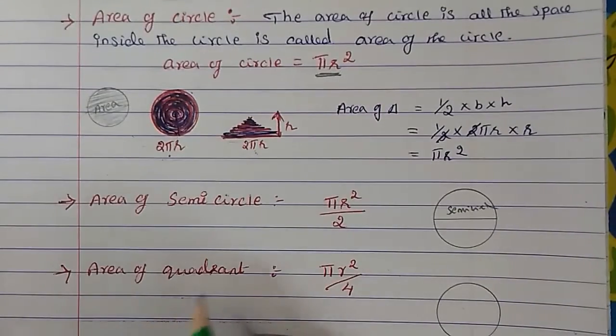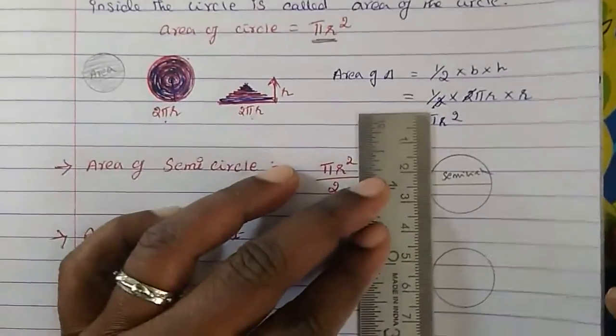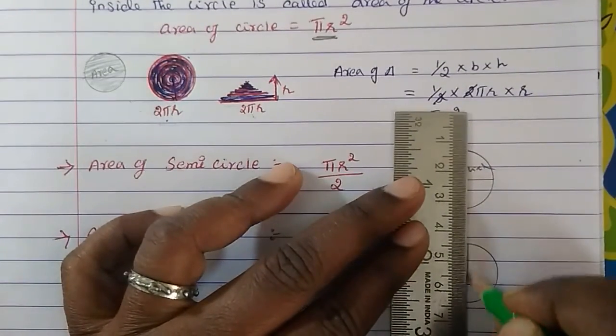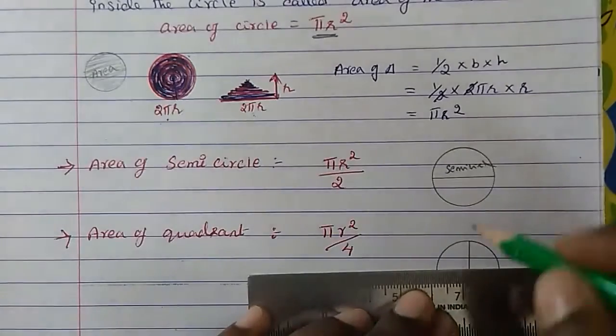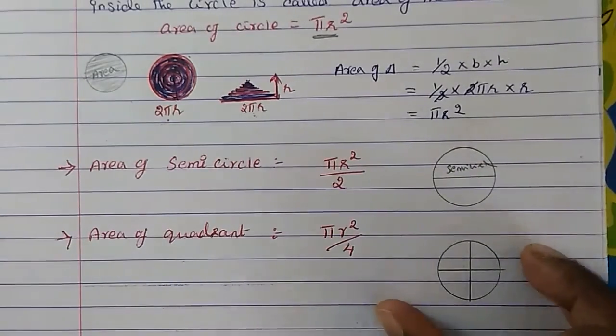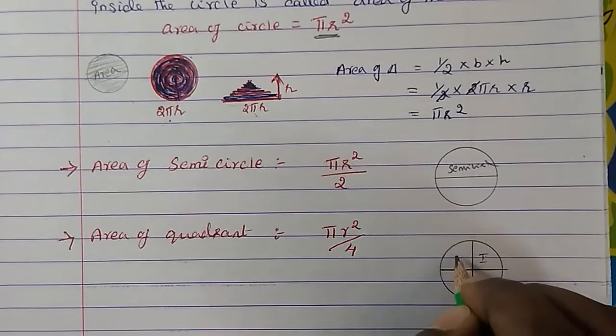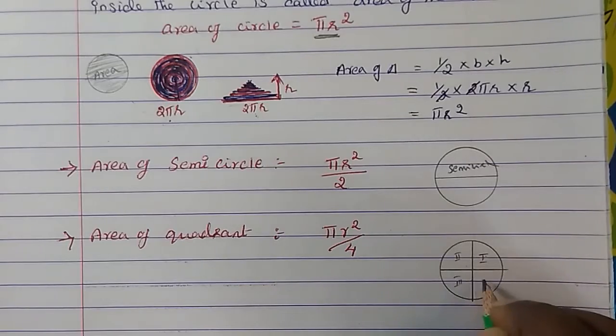Now the area of a quadrant. Quadrant means 4 parts. So we make this circle into 4 equal parts, and then we say quadrant. First quadrant, second quadrant, third quadrant and fourth quadrant.